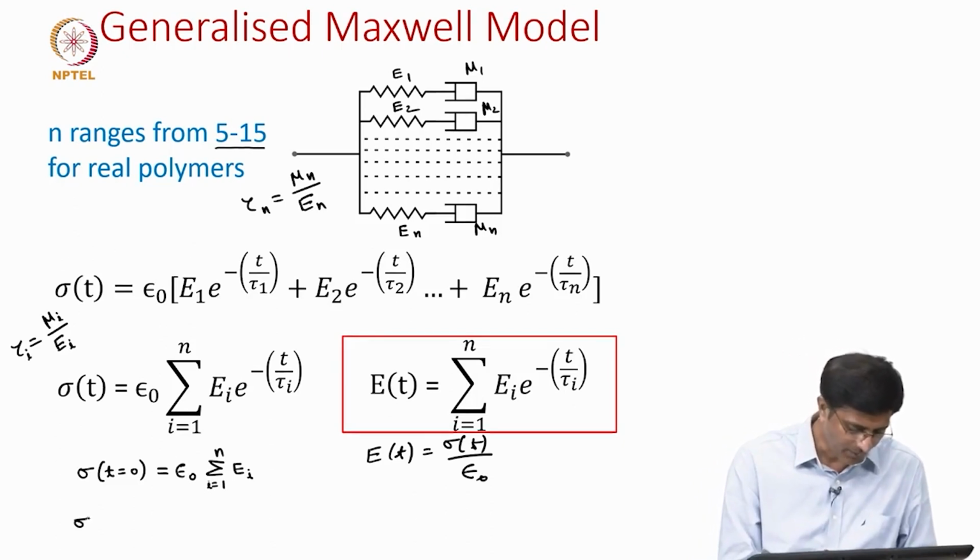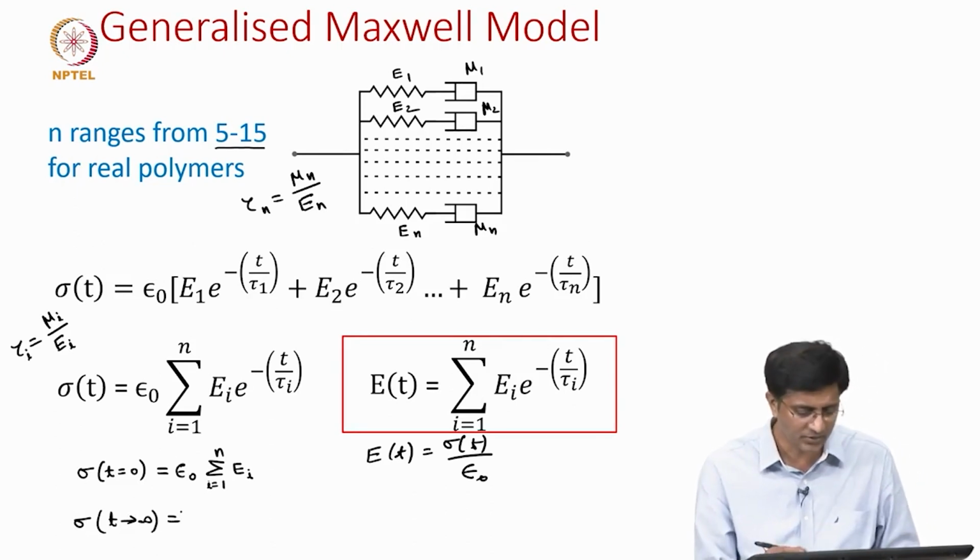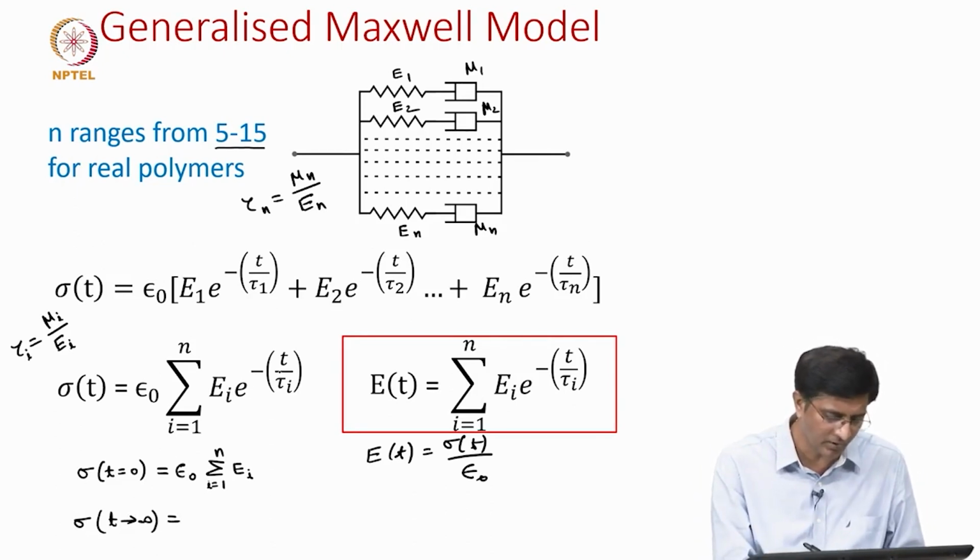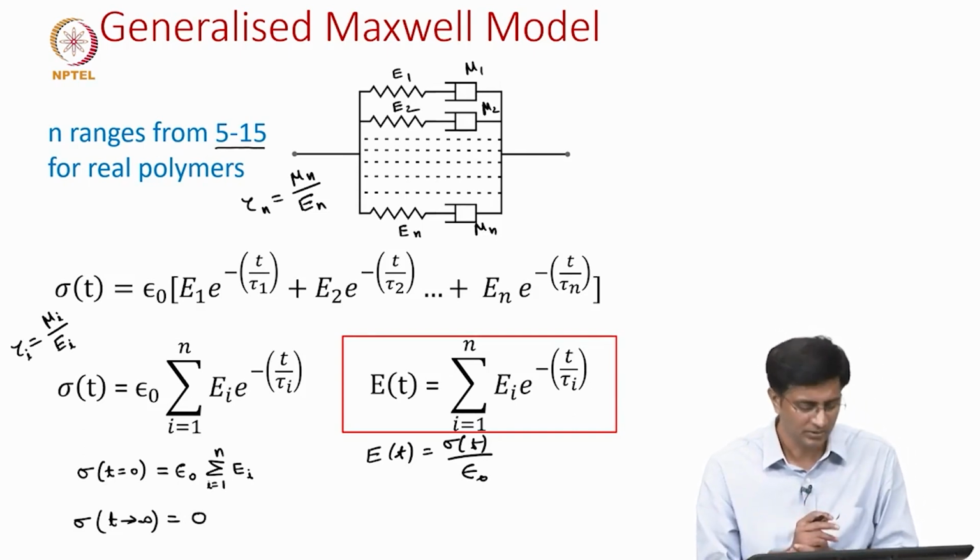But now let us see what happens as we wait for a very long time, meaning that t tends to infinity. When t tends to infinity, e power minus infinity is 0, so the stress value reaches 0.